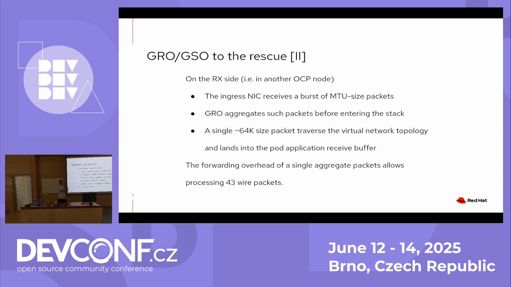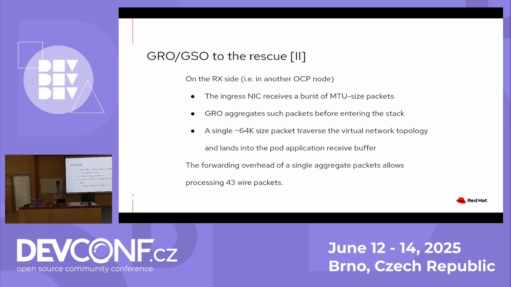And the whole packet will traverse the same network topology in the opposite direction until it reaches the pod and the receive buffer of the application. And that means that for 64 kilobytes, we will pay the forwarding overhead only once instead of the 43 times that we would have paid with 1500 byte MTU packets. And that leads to overall good performances.